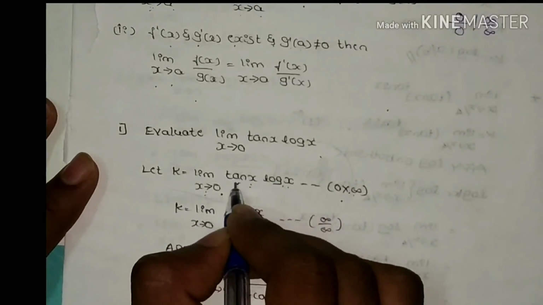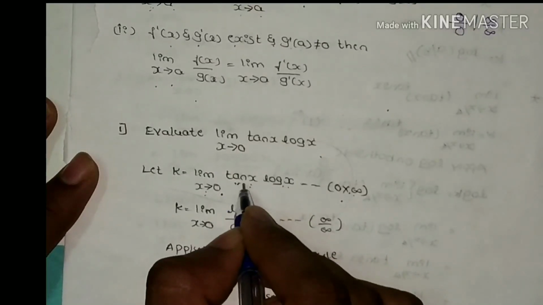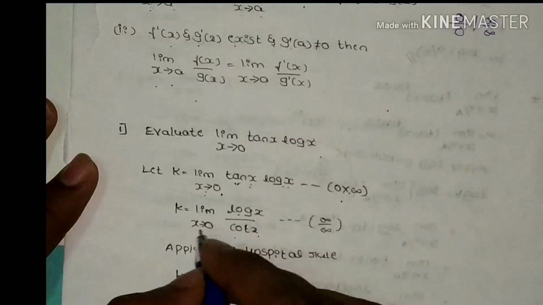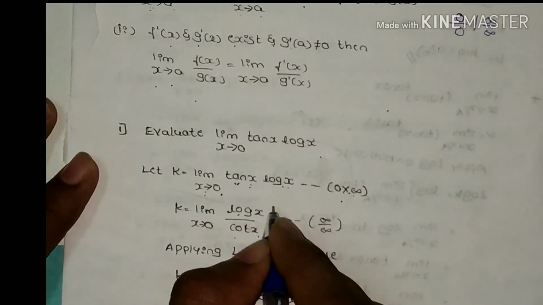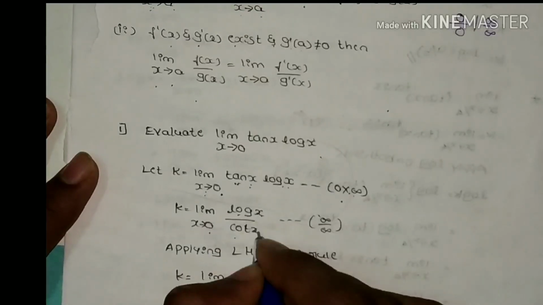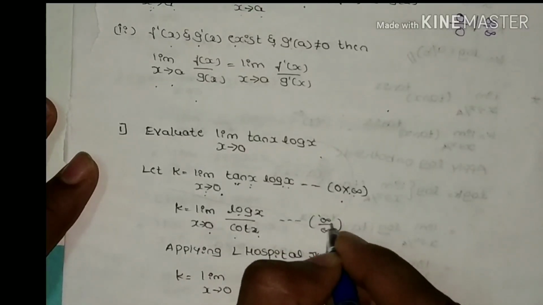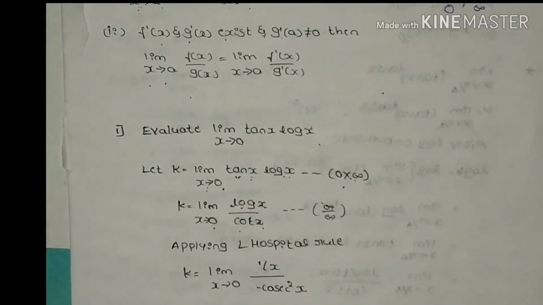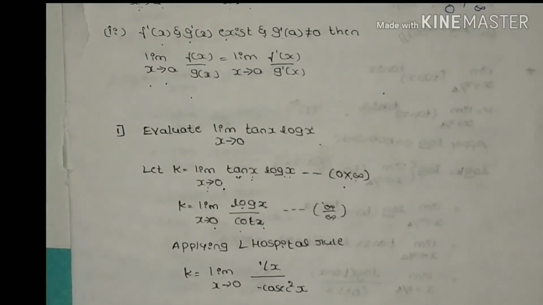So here tan x can be written as 1 by cot x, that means log x divided by cot x. Now put 0 wherever x is there, so log 0 is infinity and cot 0 is infinity, so it is in the form of infinity by infinity. So here we can easily apply L'Hospital rule, because L'Hospital rule applies only if the expression is in the form of 0 by 0 or infinity by infinity.